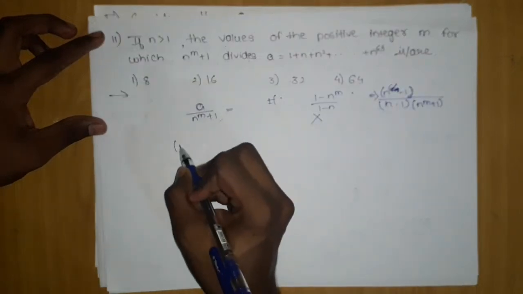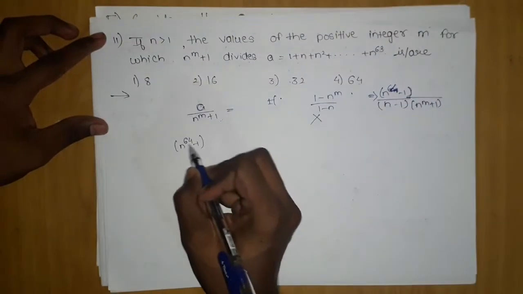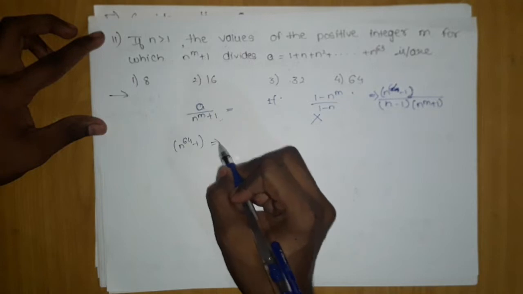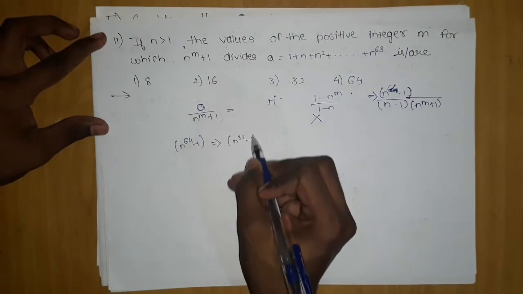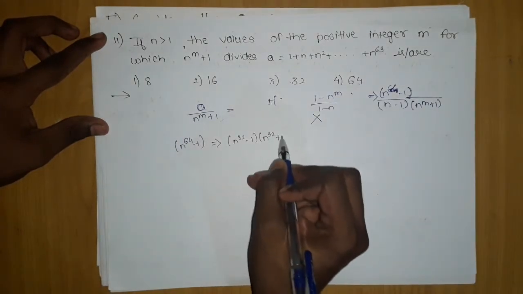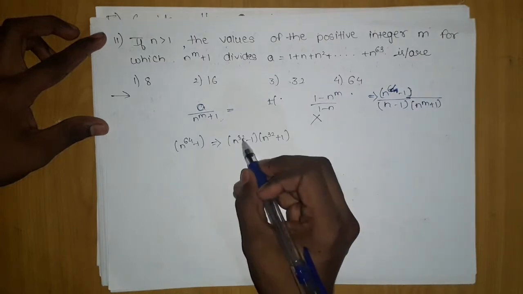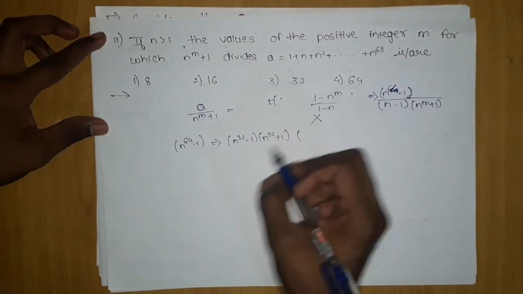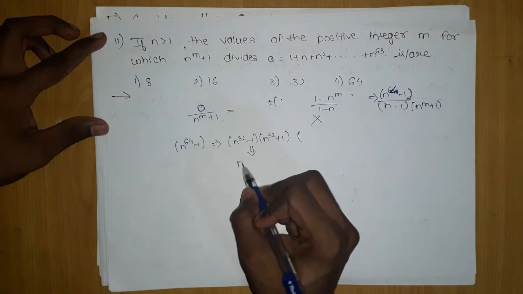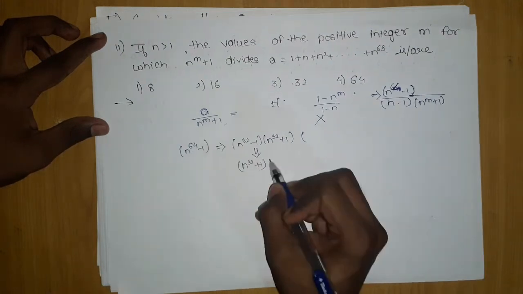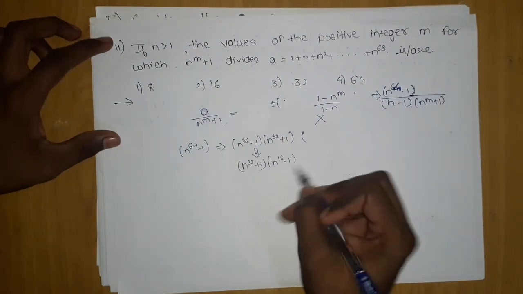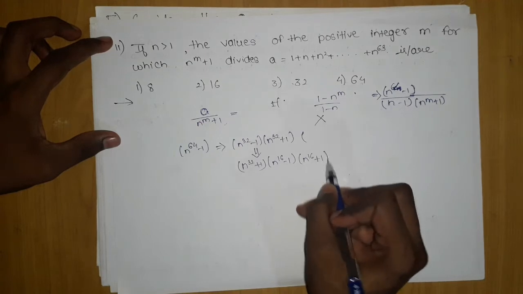Just observe this. n power 64 minus 1, here I can apply a square minus b square, so I can write this as n power 32 minus 1 into n power 32 plus 1. But wait a minute, n power 32 minus 1, I can again divide as n power 16 minus 1 into n power 16 plus 1.